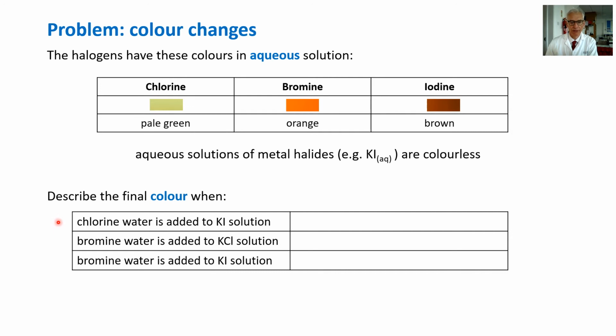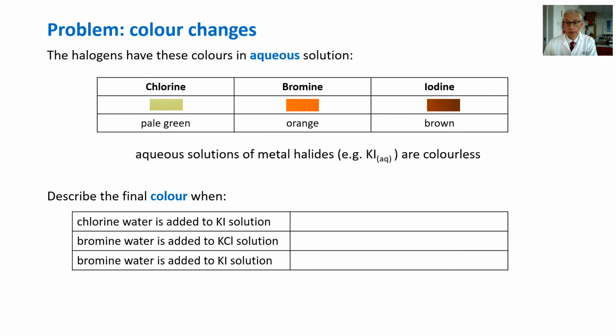What will be the final colour of the solution? Similarly for the other 2 problems, bromine water added to potassium chloride solution, bromine water added to potassium iodide. Think it through and write down the final colour of the solution, obviously referring to the colours here. Pause the video, think it through, come back to check your answers.